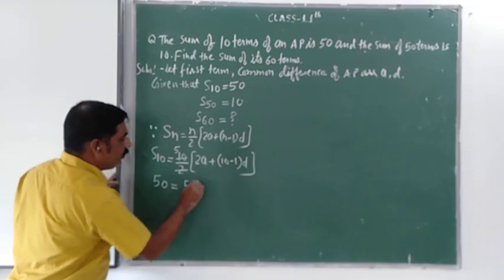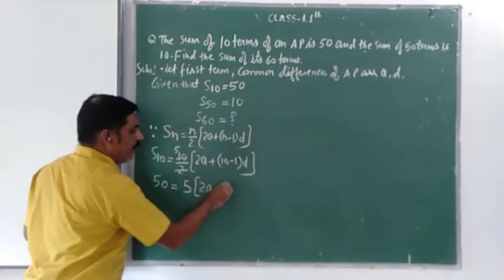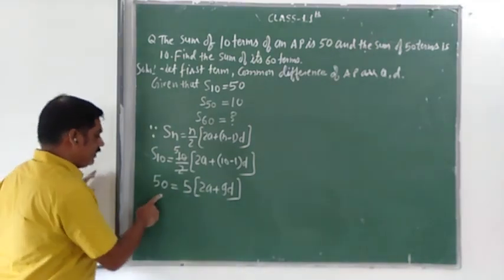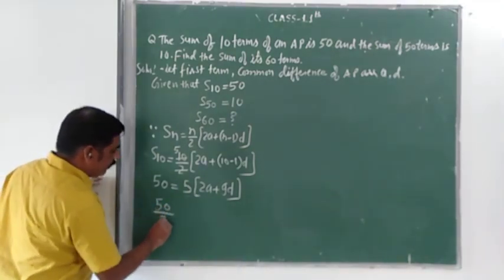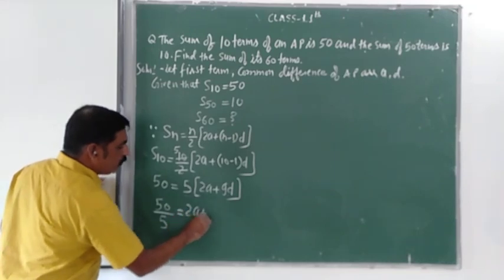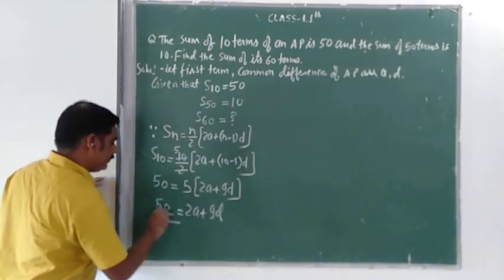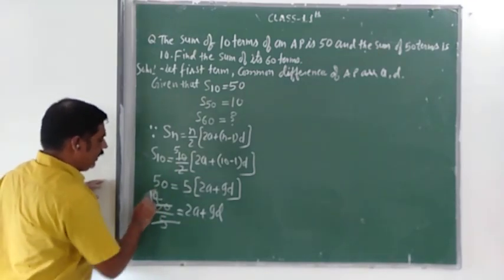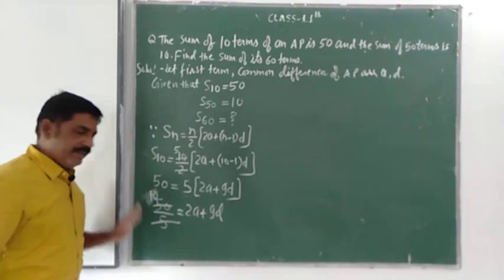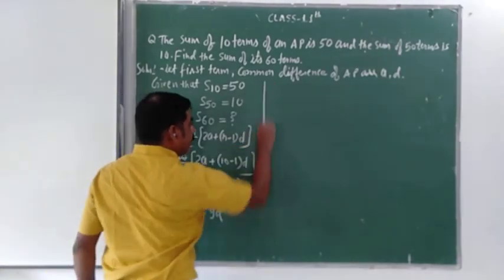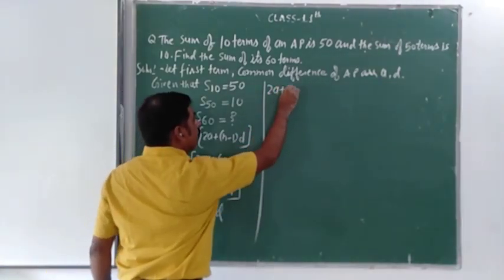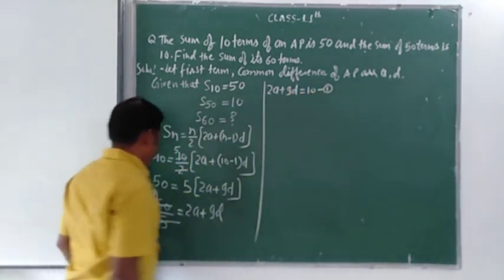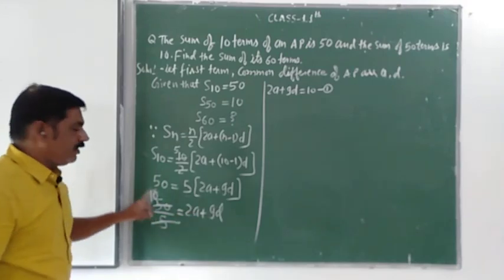So 50 is equal to 5 in bracket 2a plus 9d. Shifting this 5, 50 upon 5 is equal to 2a plus 9d, that is 10. So we have the first equation: 2a plus 9d is equal to 10.